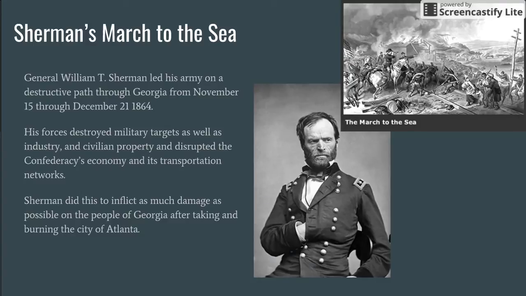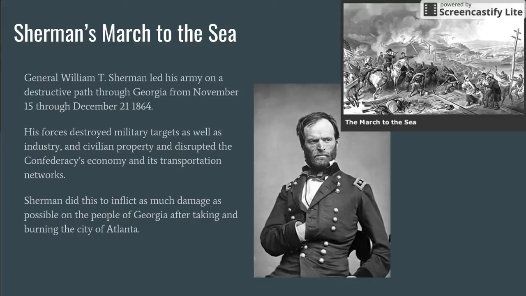He tore up rail lines. Anything that could be destroyed that was going to benefit the Confederacy, he did. All right. Anything from military targets to industrial and civilian properties, he just went after it all. And he burned literally the city of Atlanta down, one of the largest cities in the Confederacy, put flame to it.